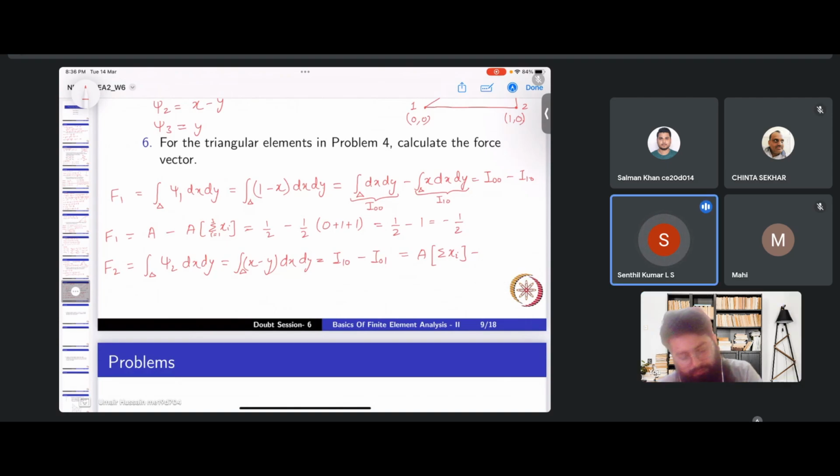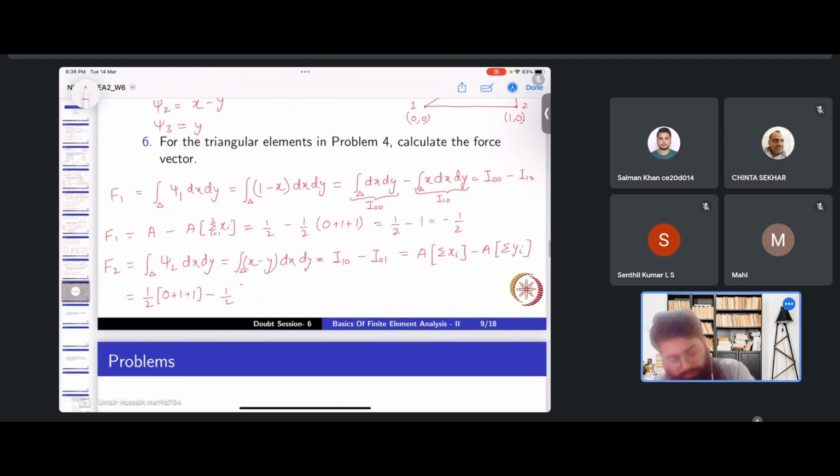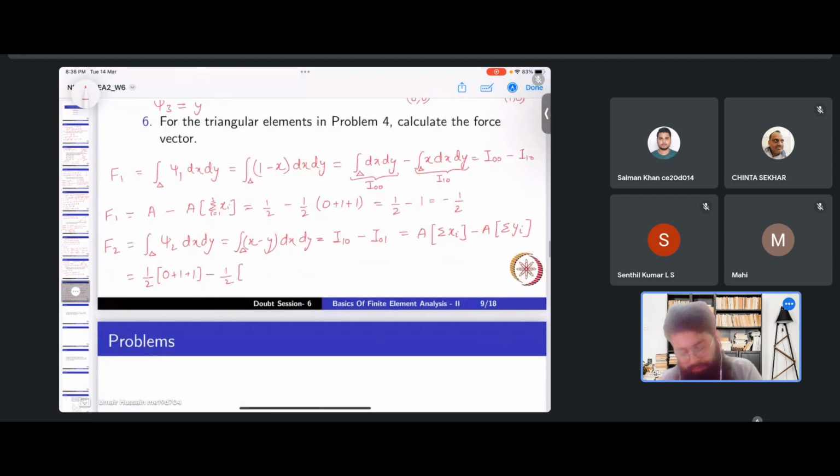A times summation of yi. Okay, thank you. So we have half of summation of x is 0 plus 1 plus 1. Then we have half of summation of yi is 0, 0 and 1. So we have half into 2 is 1 minus half. Get half.